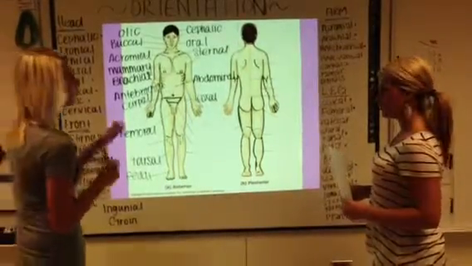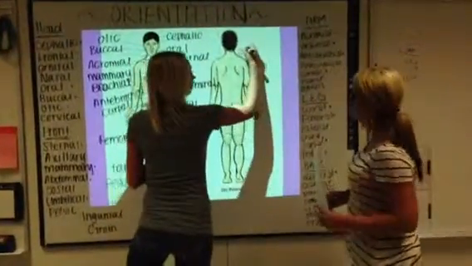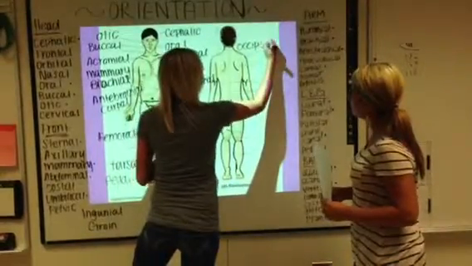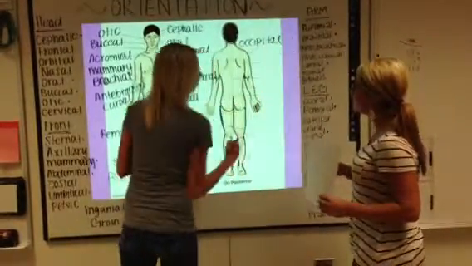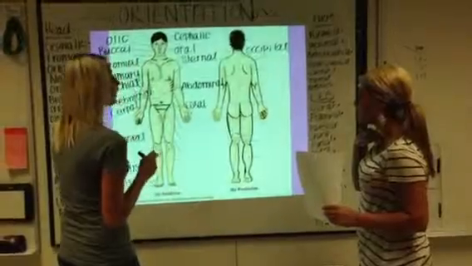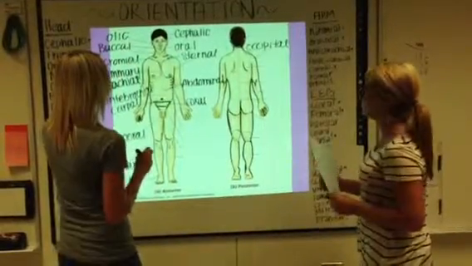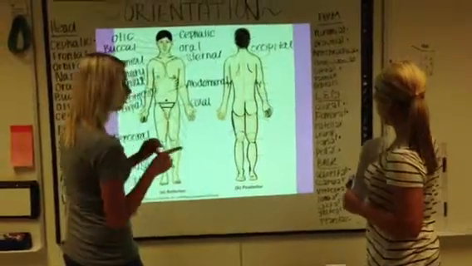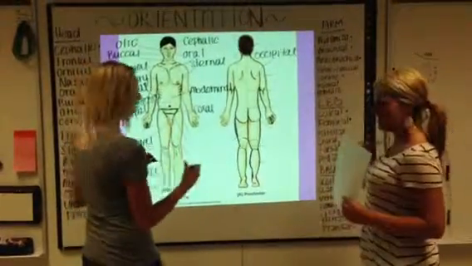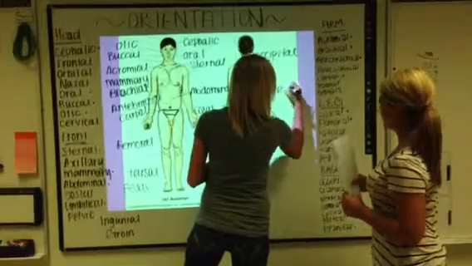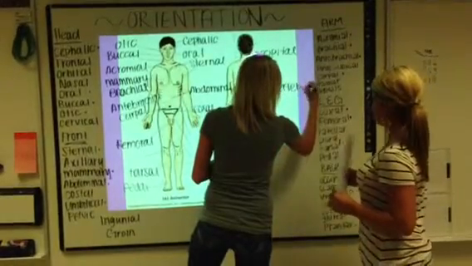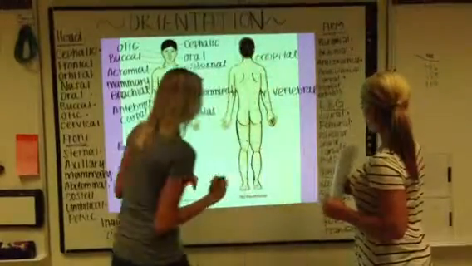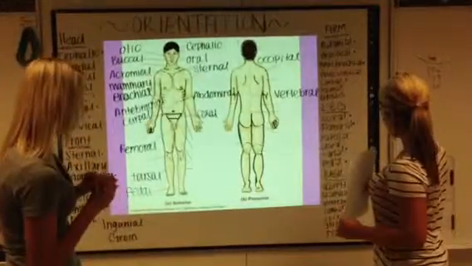Occipital is going to be the back of your neck. What's the front of the neck called again? The cervical. Cervical is going to be the front of your neck. The vertebral. I know that's the spine. Yep, you're right. Which is just like your vertebrae. And then gluteal.